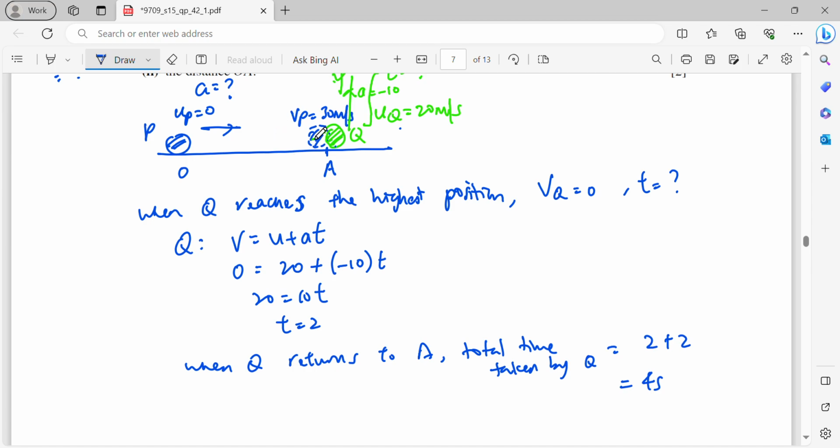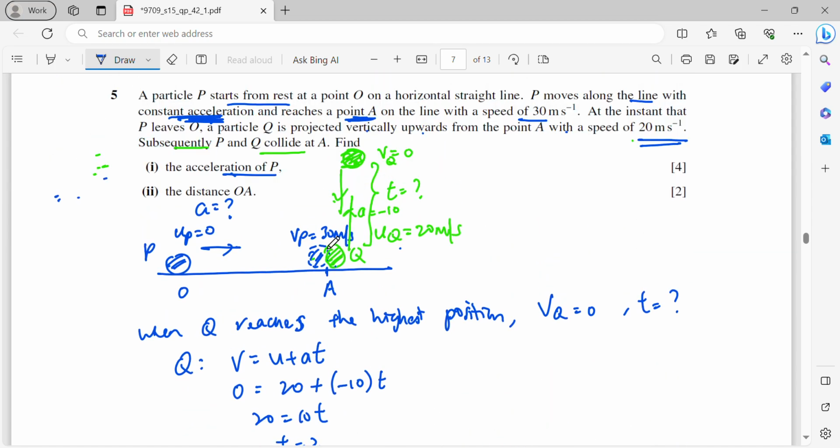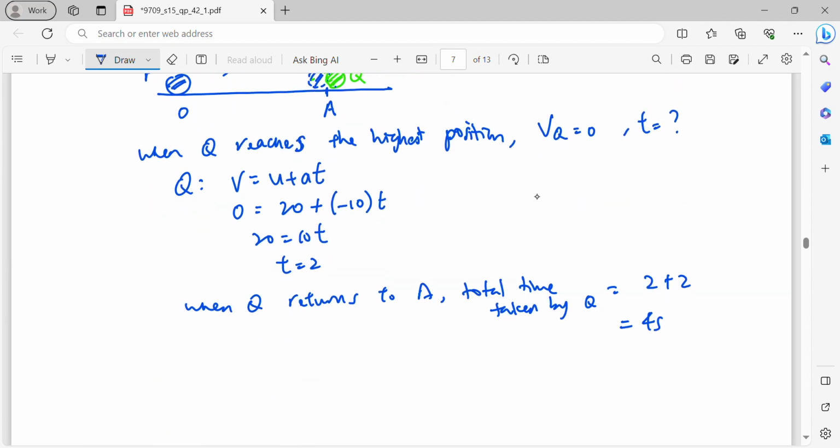Okay, so when it comes back to A within 4 seconds, it means that P already reaches point A, so that they will collide at A, right? So now, when T equals to 4 seconds, P reaches point A.